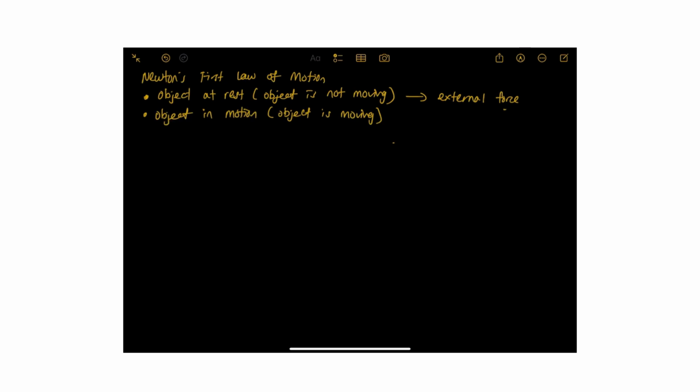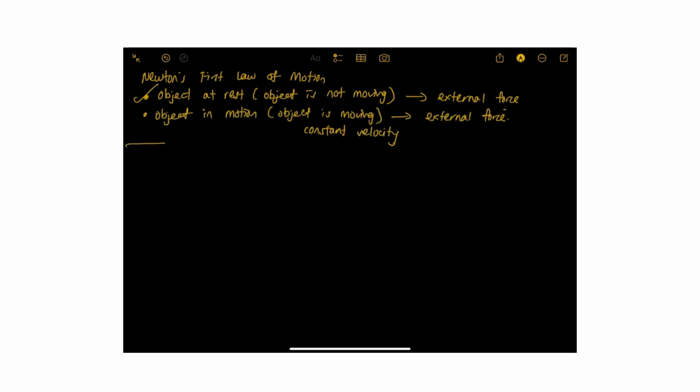Newton mentioned that the object which is in motion will continue moving at a constant velocity unless we apply external force on it.